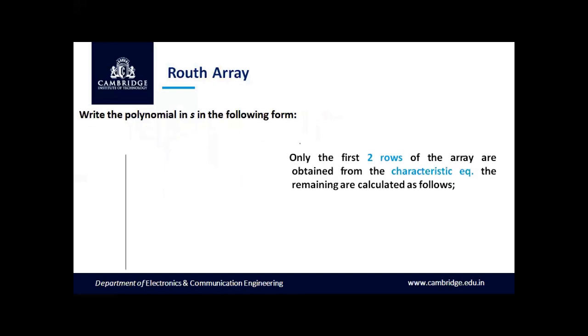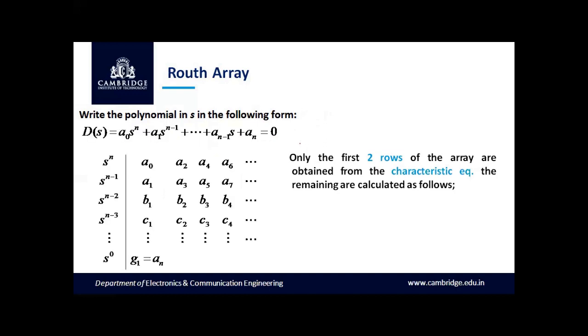The next step is to fill up the remaining rows by using the following procedure. We have filled up the first two rows. Now our point of interest is the third row and finding the element B1. As said before, only the first two rows of the array are obtained from the characteristic equation and the remaining are to be calculated as follows.